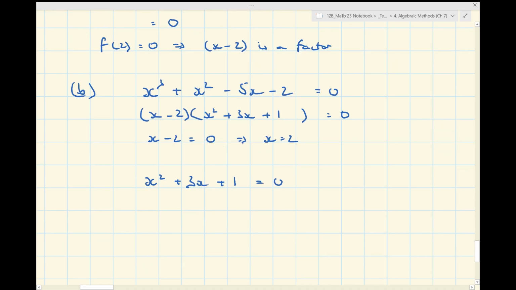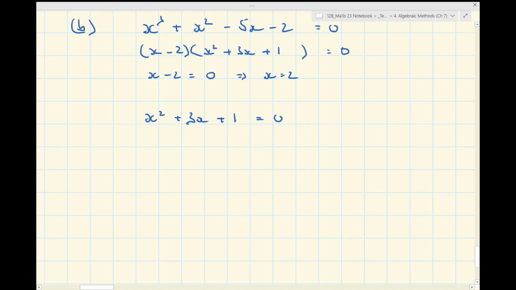Now I can't solve that by factorising it, so I'm going to use the formula. x equals minus b plus or minus the square root of b squared minus 4ac, all over 2a. So that's going to be minus 3 plus or minus the square root of 9 minus 4, which is 5, over 2.